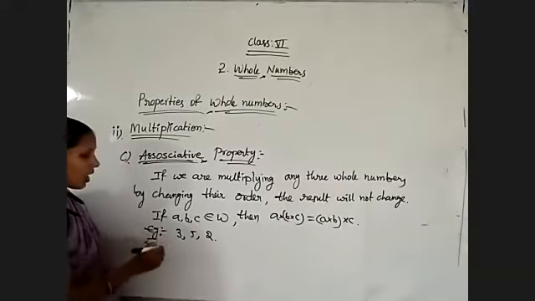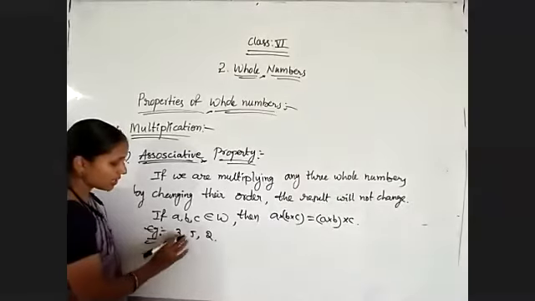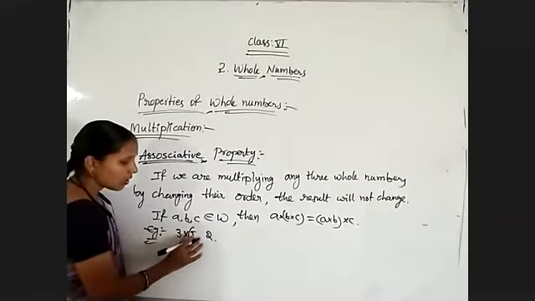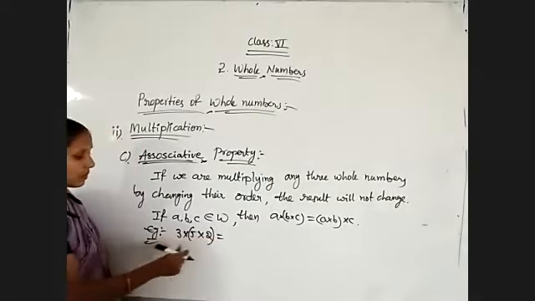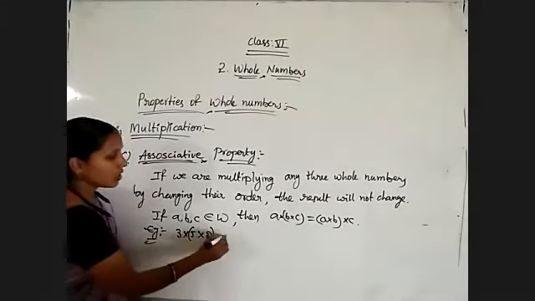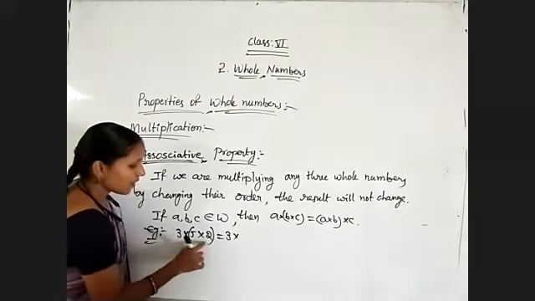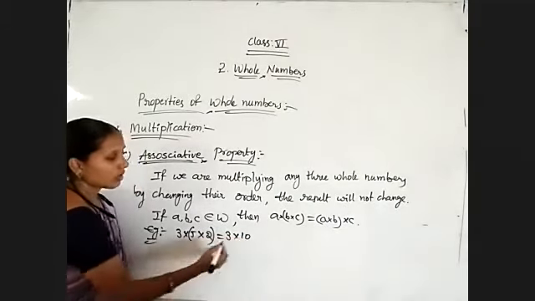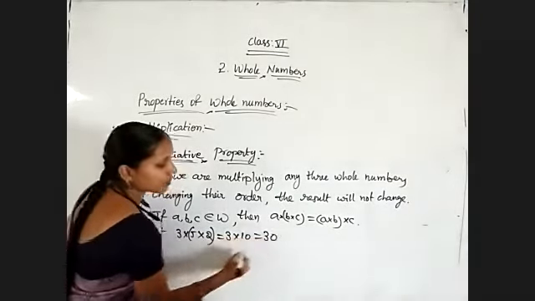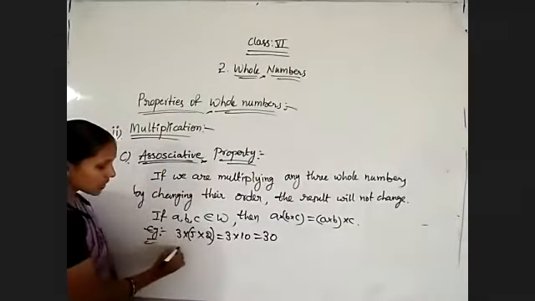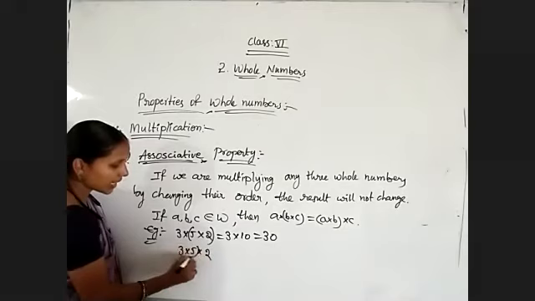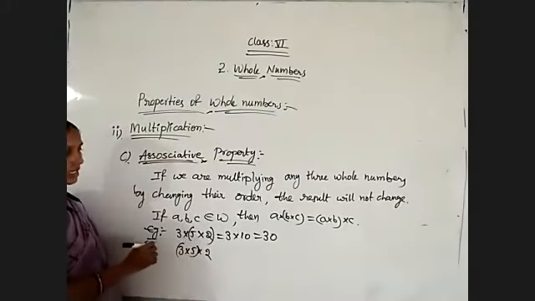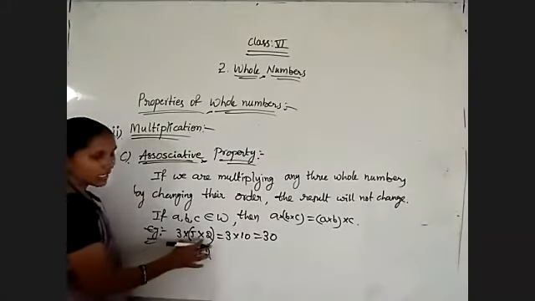Okay. Now I am finding their product. First of all I am using 3 into, and 5 and 2 I have kept in a bracket. That means this one I need to calculate first. So 3 into 5 2s are 10. 3 10s are 30. Now observe, take the same numbers but change the bracket. Already we discussed this.